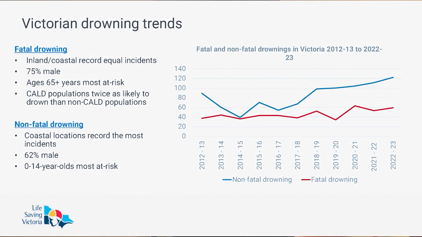It's actually not the case. A lot of them happen in inland waterways, which is not necessarily what you see in the media, where you do see a lot of beach access stuff. So it's very important, especially in this community, that inland waterways are taken into consideration. 75% of those likely to drown are males.